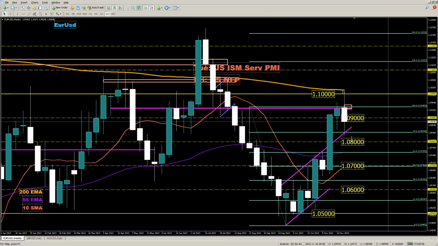And that was the result. It spiked through and hit the weekly 200 EMA exactly, and then started pulling back into the 78.6 and back into the upper channel trend line. So that's a very large spinning top here.